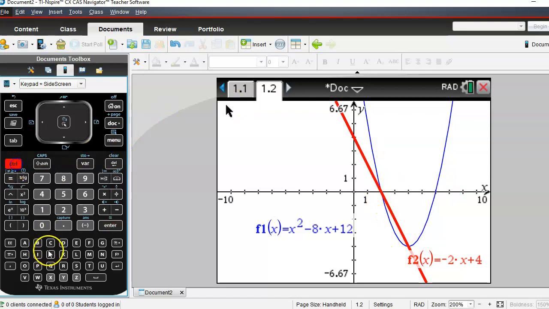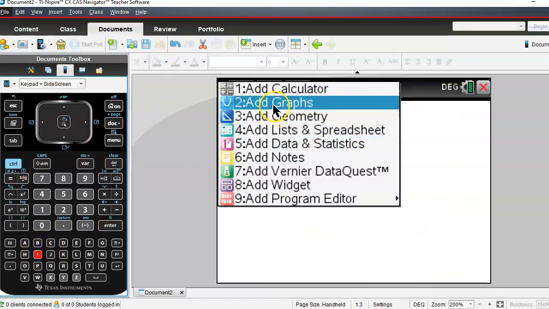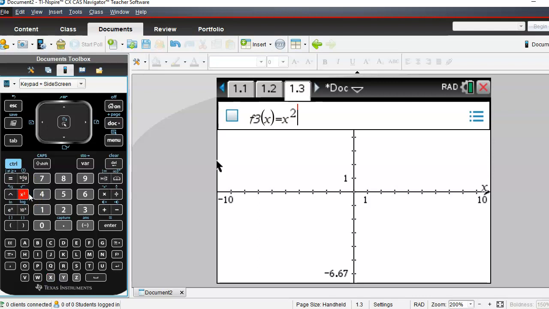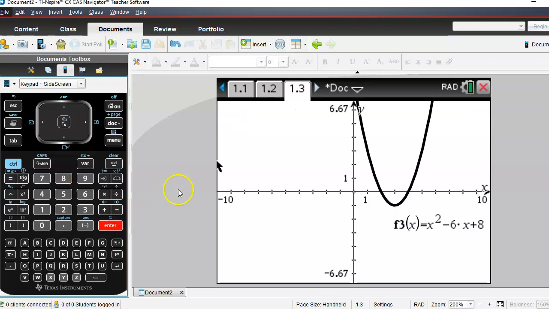All right, and now for our second one, so it was x squared minus 6x plus 8.